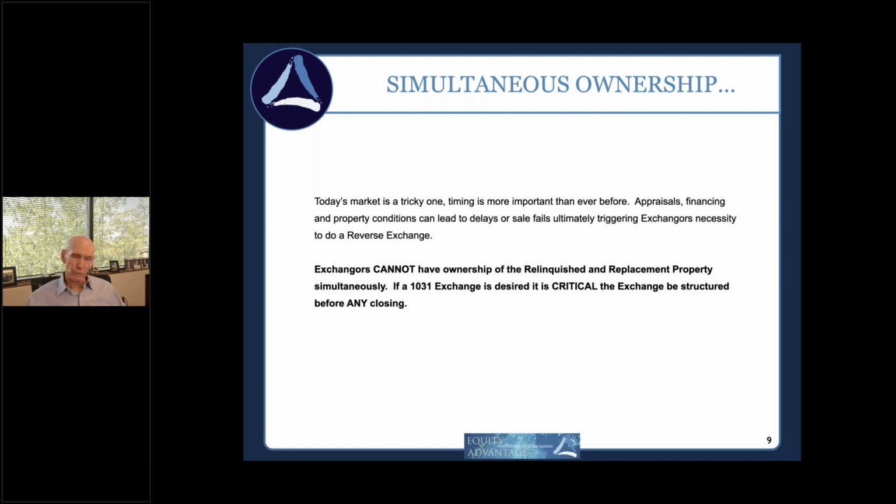It clearly states one of the safe harbors is that you cannot receive replacement property already owned. Okay, period. That's it. So if you're in a situation where it looks like a reverse is going to be necessary, make sure you're engaging the exchange company pre-close, because if you own it, it's not going to fit something for a future sale.